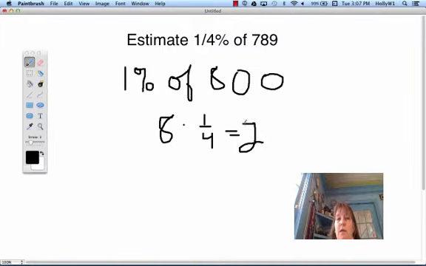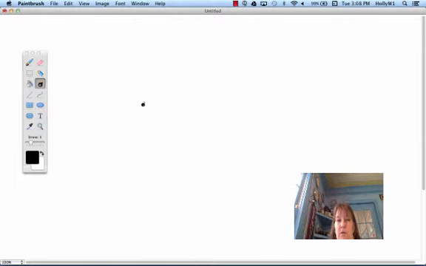So in order to estimate a 1/4% of 800, you take 1% of 800 and you end up with 8. Since what we're really looking for is the 1/4%, we take the answer and multiply it by a quarter, and we end up with 2. All right, let's try a different one, just so that we know that we get it.